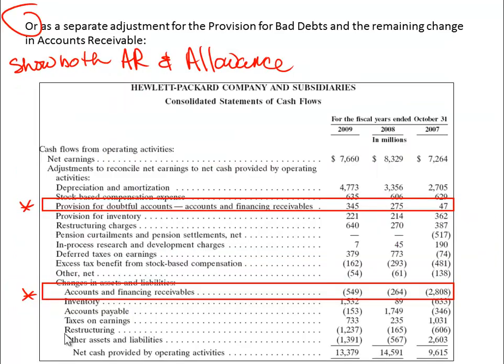Or you can show both sides of it, where here they show you the provision for doubtful accounts, the allowance account, and they also show you the change in your accounts receivable and how it impacts the cash flow statement.